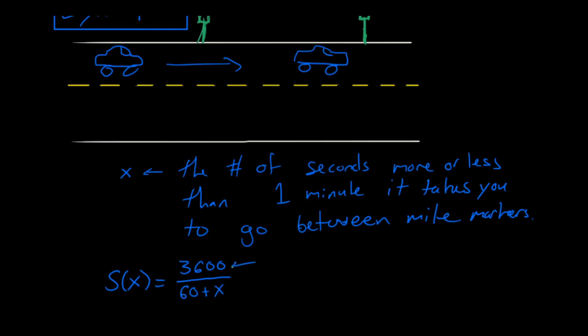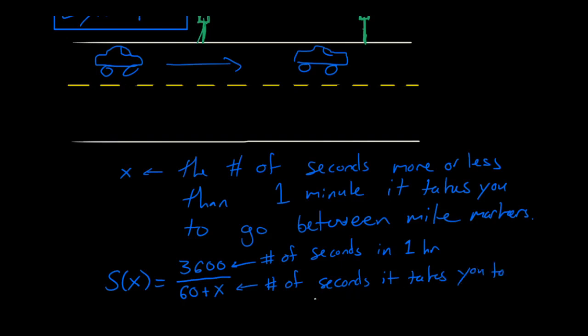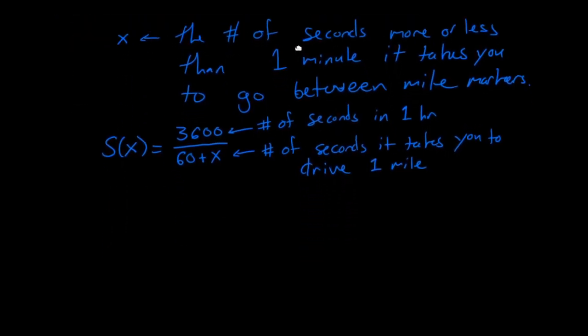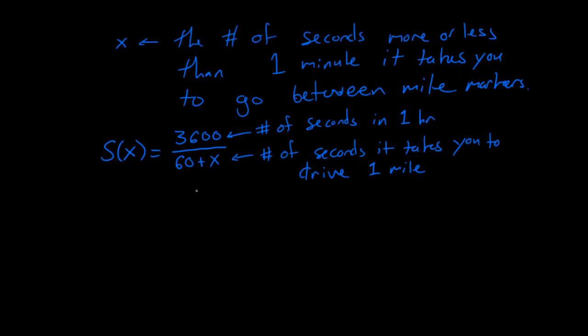If this is the number of seconds in 1 hour, and this is the number of seconds it takes you to drive 1 mile, then s of x is giving you your speed in miles per hour. Exactly that.